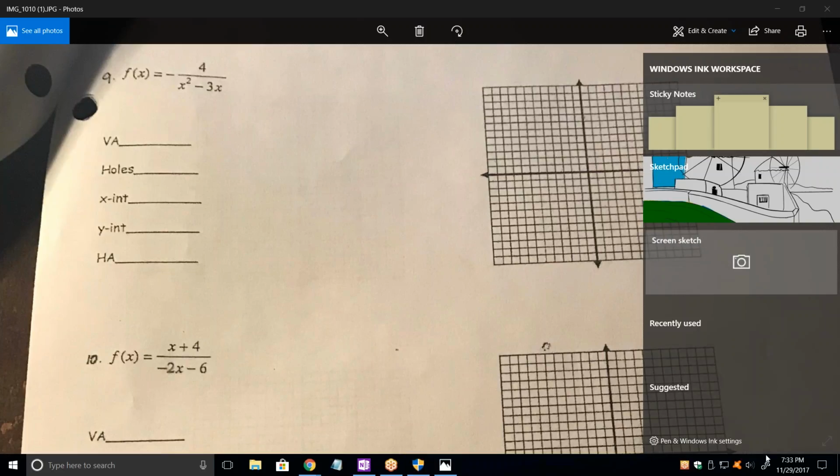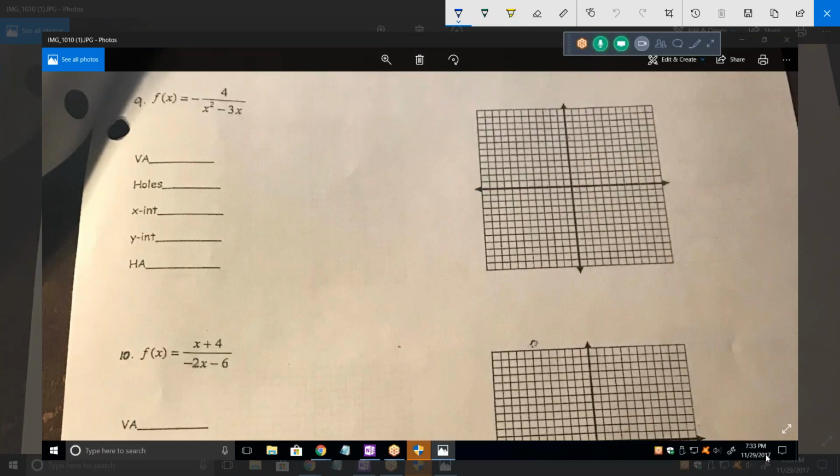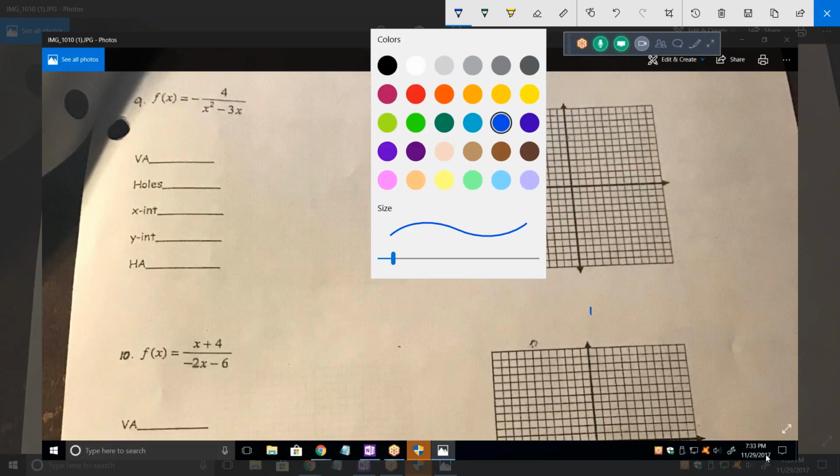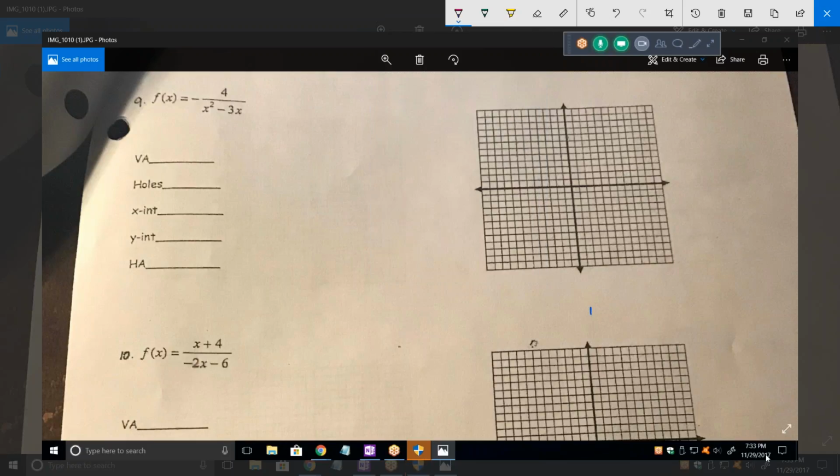I'm going to expect it to be not in first and second, but in third and fourth, like that. And maybe even not quite like that. We've got to do some work first, and the work we have to do is figure out where all these things are. Like, where's the vertical asymptote?